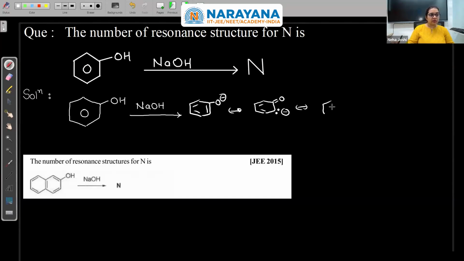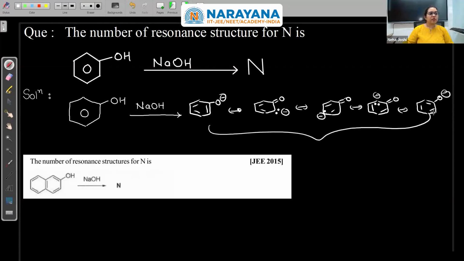So I'm rushing directly. Double bond O minus, again double bond O minus, like this, and O minus. So we have got 5 resonating structures. Okay, so answer for this is 5.